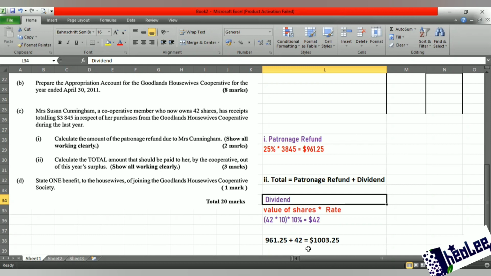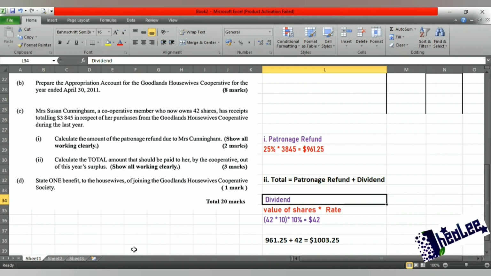That is what the business should pay out to the member, Mrs. Susan Cunningham. And the final part of the question: state one benefit to the housewives of joining the Goodlands Housewives Cooperative Society. Basically, it's asking you to give an advantage of a cooperative society.